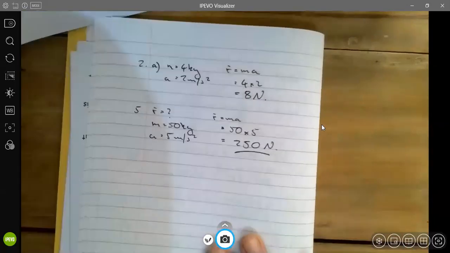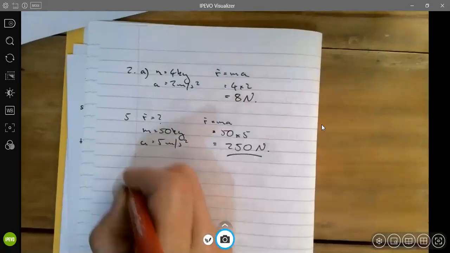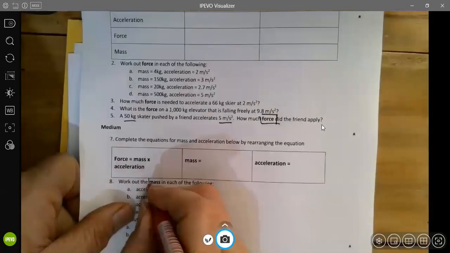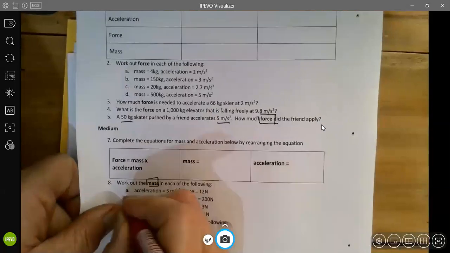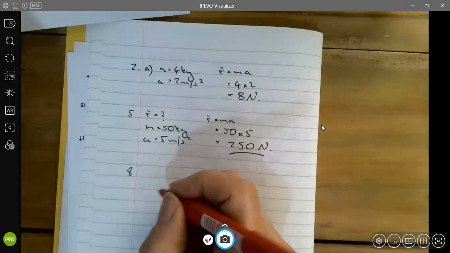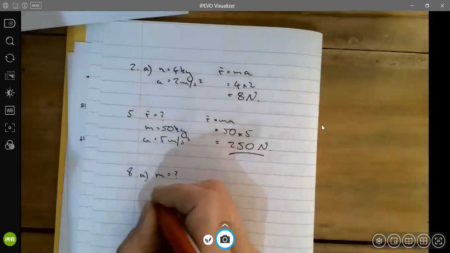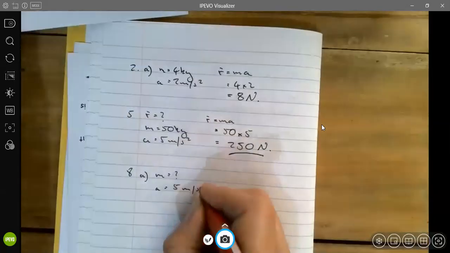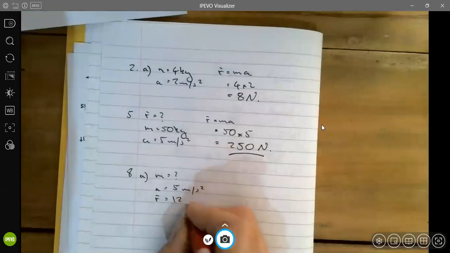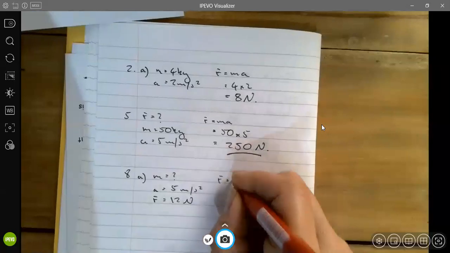Right, moving on. Question number 8 asks us to work out the mass in each of the following. So we'll just do question 8A. Mass is equal to, we don't know, but we do know that we've got acceleration equal to 5 meters per second squared. The force F is equal to 12 newtons. So write down my formula, F equals MA, insert.